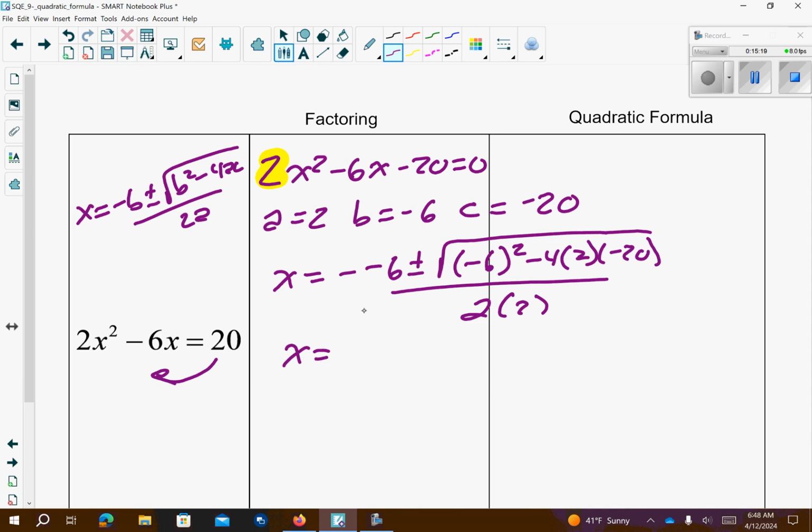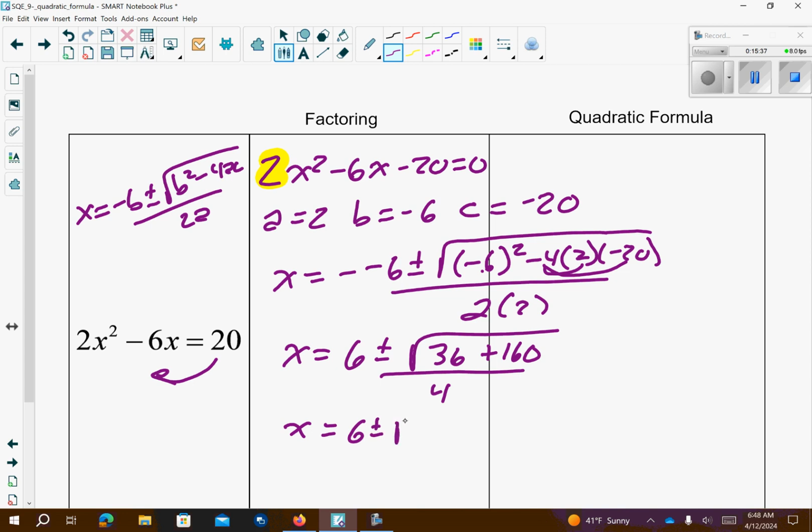So x equals negative negative 6. That's 6 plus or minus negative 6 squared is 36. Negative 4 times 2 is negative 8. Negative 8 times that is positive 160 over 4. If I add those together, I get 196.